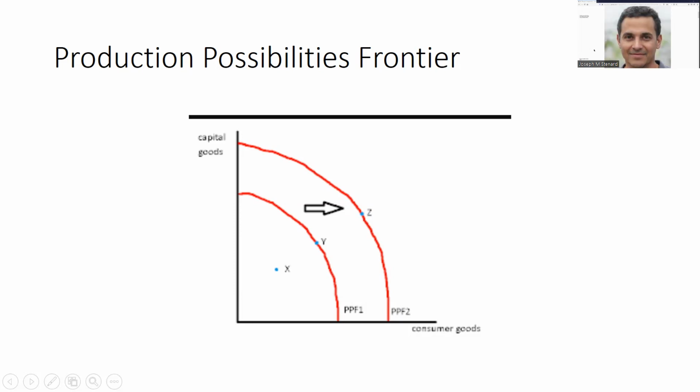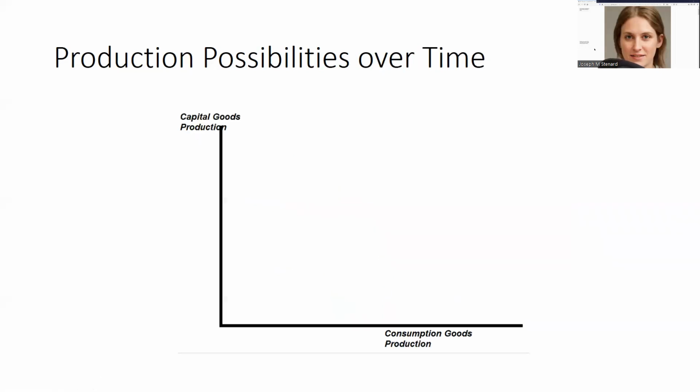So PPF2 is representing the new situation for this country, and that is going to mean that Z is now an efficient use of resources, Y is an underemployment of resources, and X is a very, very inefficient underutilization of land, labor, capital, and resources. Okay, so now with that understanding, just a refresher, I wanted to, again, show you the framework.